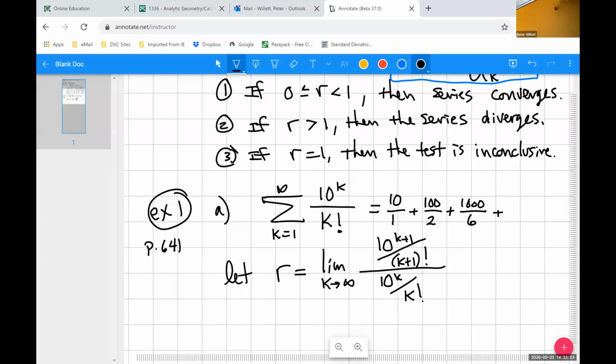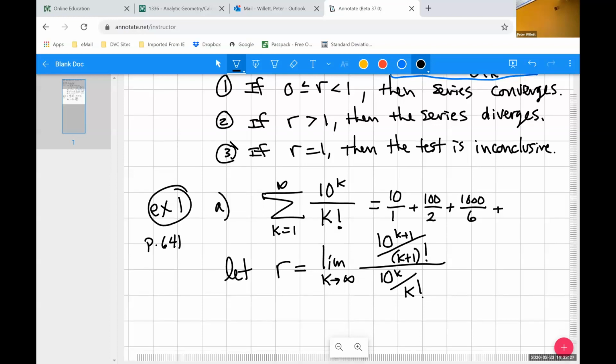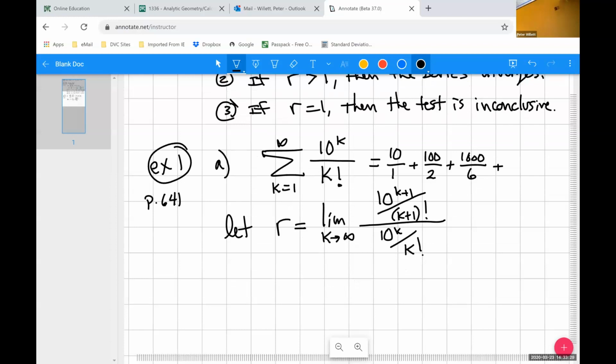So this may look very intimidating initially because I have a big fraction with little fractions in it. And it's very common when we are trying to evaluate series that the series shows up like a ratio, like a fraction. And so if the series terms themselves are fractions and I'm using the ratio test, I end up getting a big fraction with little fractions in it.